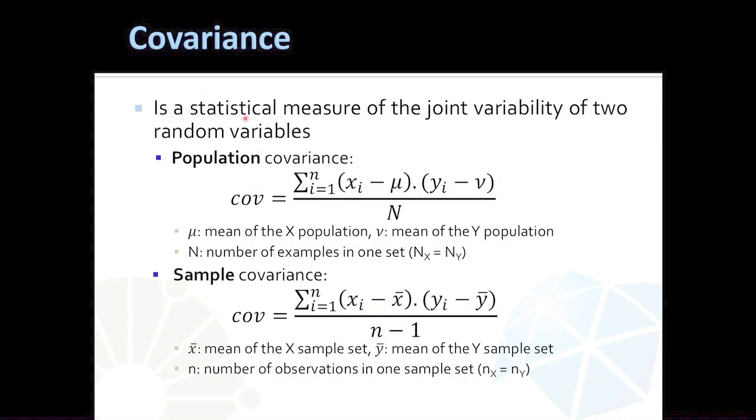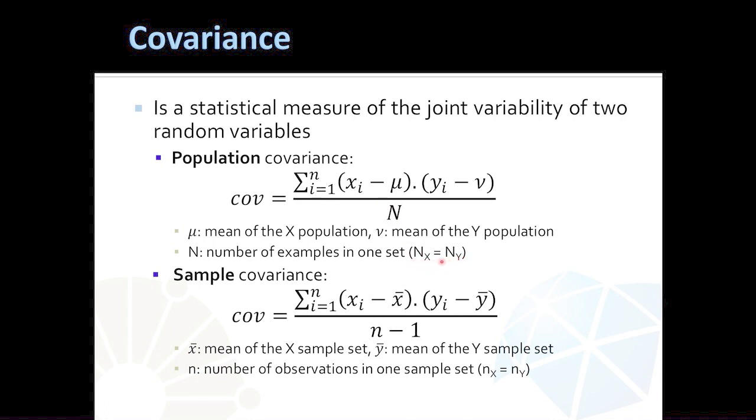Covariance is a statistical measure of the joint variability of 2 random variables. The covariance of a population is given by the sum of the distance between each element of the X population and the mean of the X population, multiplied by the distance between each element in the Y population and the mean of the Y population, divided by the number of examples in one of these sets, remembering that the number of elements in both sets must be the same.